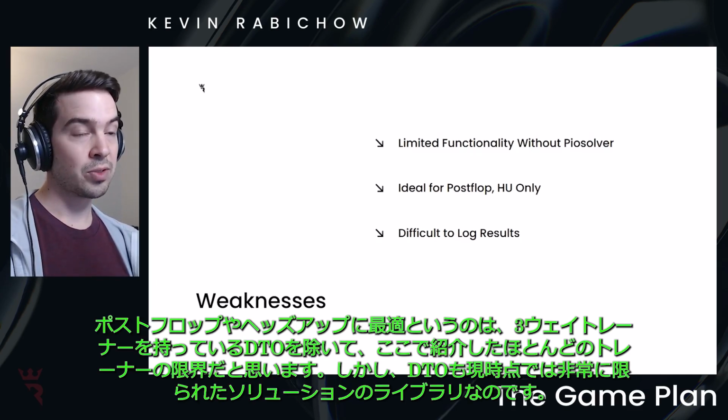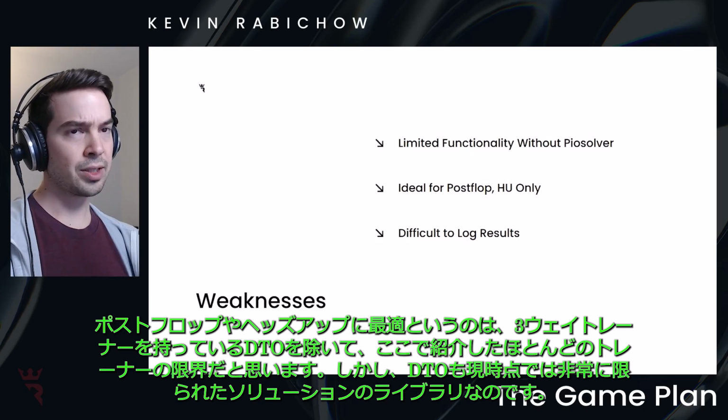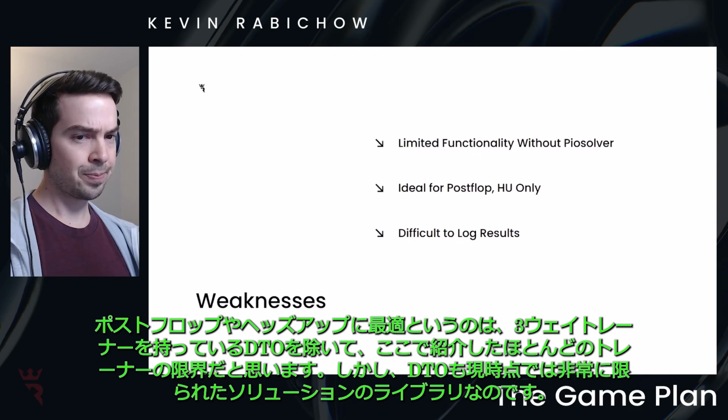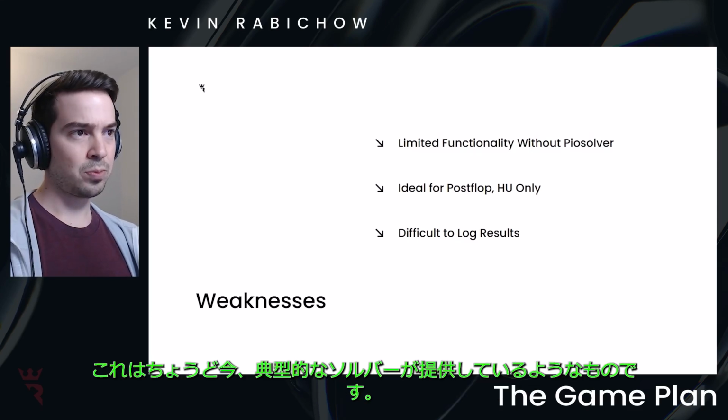Saying it's ideal for post flop and for heads up only, I think this is a limitation of pretty much every trainer on the market that I'm describing here, with the exception maybe of GTO Wizard that now has a 3-way trainer. But that's quite a limited library of solutions at the moment. This is just what the typical solver offers right now.